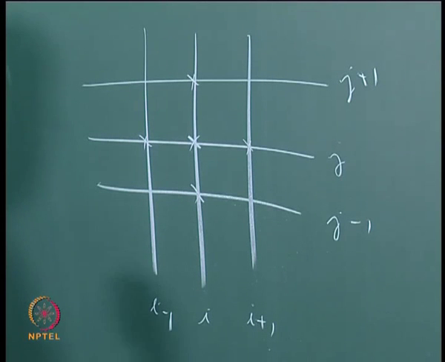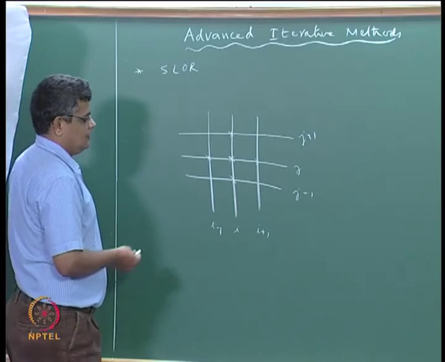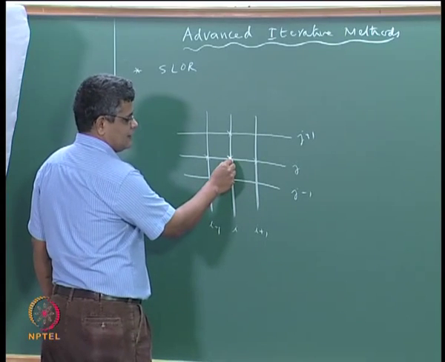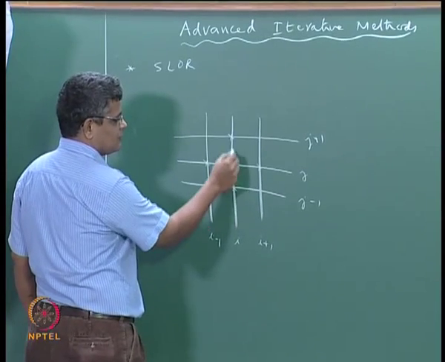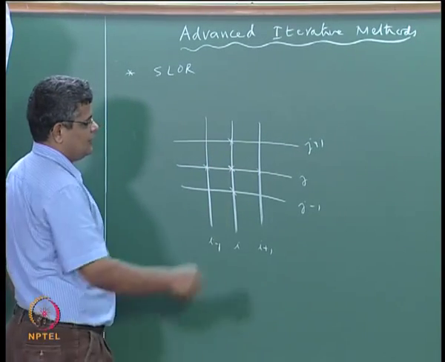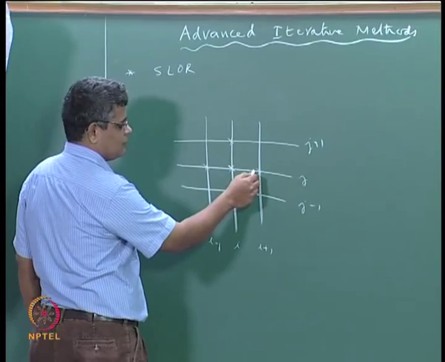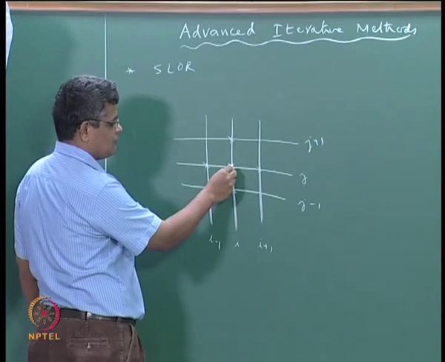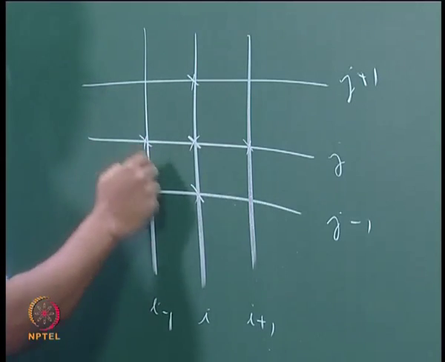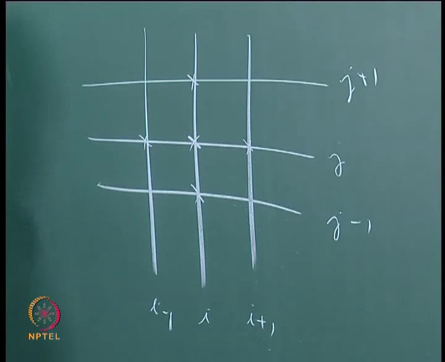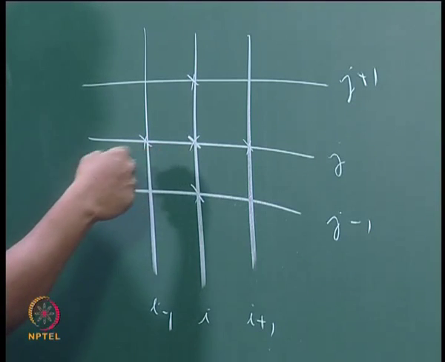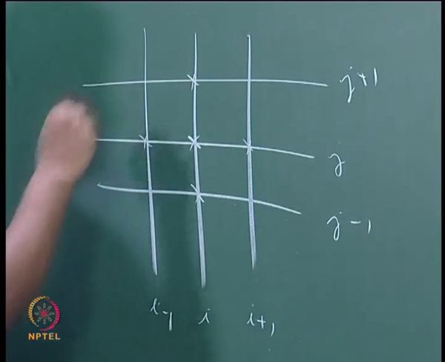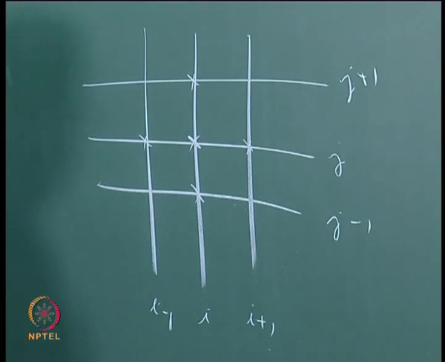So in a standard Gauss-Seidel method we evaluate this in terms of the k plus 1 value of these 2 points and k value of these points. In the Jacobi method we evaluate the k plus 1 value of this based on the k values of the 4 neighboring points. In the successive over relaxation method we give a weight coefficient w and then accordingly we do the overall evaluation.